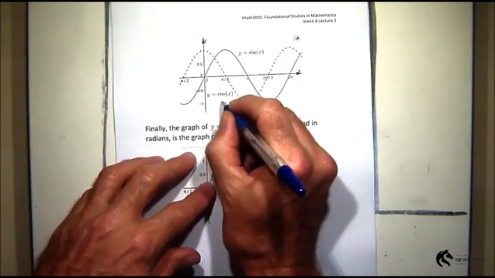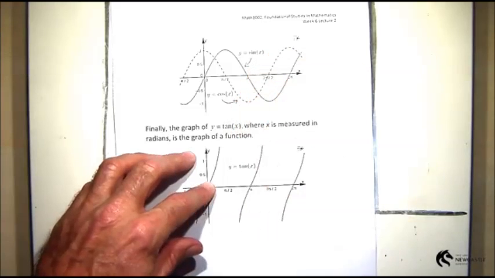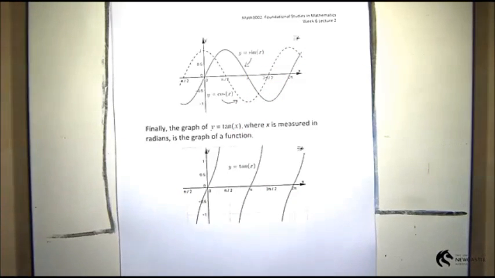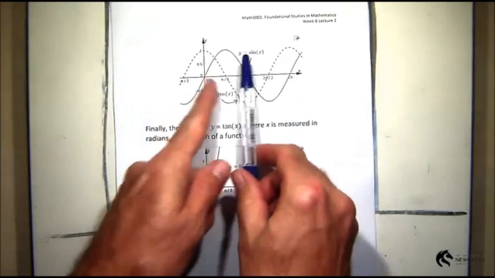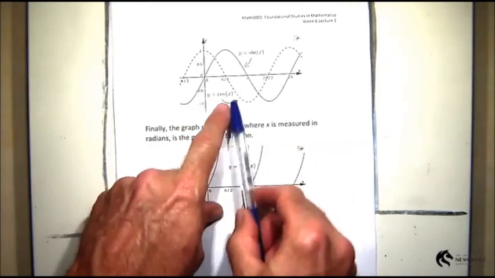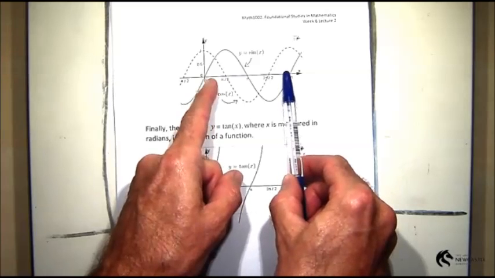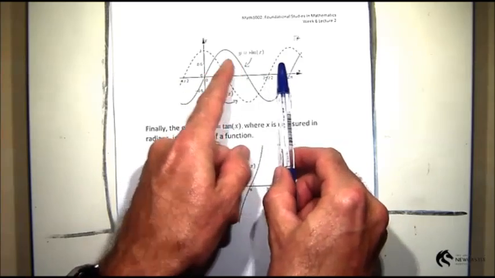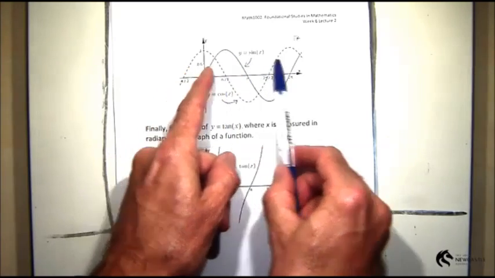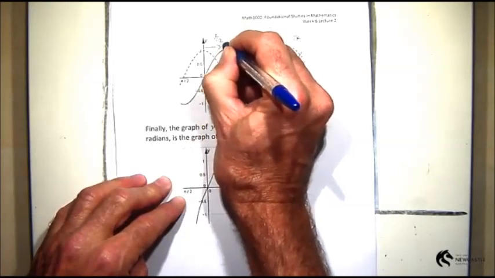So this one, the dotted one, is cos x, the solid one is sin x, and I think it's reasonably clear in here that to get the sine graph from the cos graph, all I have to do is just shift it right by pi on 2 units. Agreed? The sine graph is the graph of cos x shifted to the right by pi on 2.